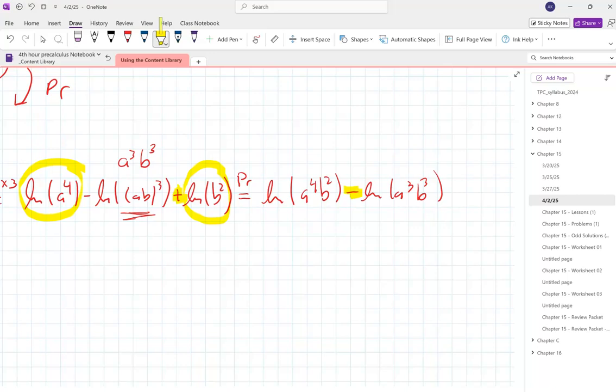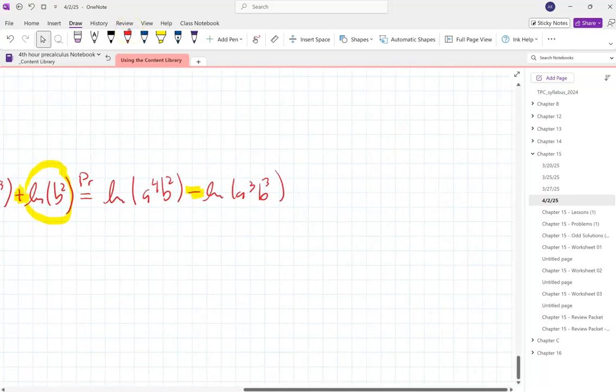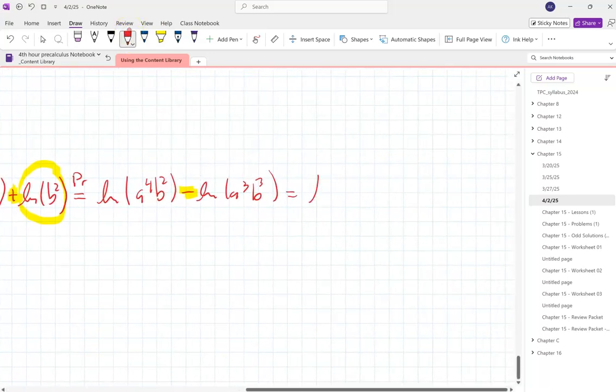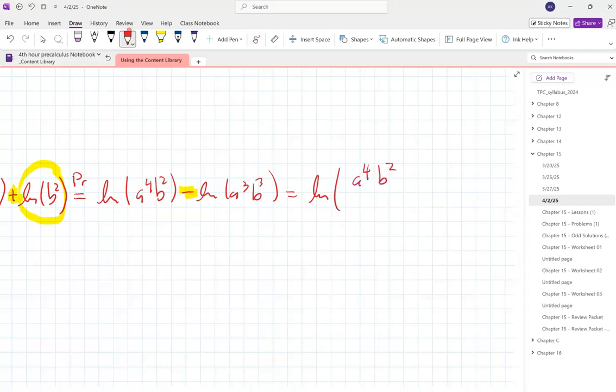Now I can do the quotient property, because I have a positive log minus another log. And you probably notice right away inside that logarithm, that fraction can reduce. So we're left with natural log A over B.